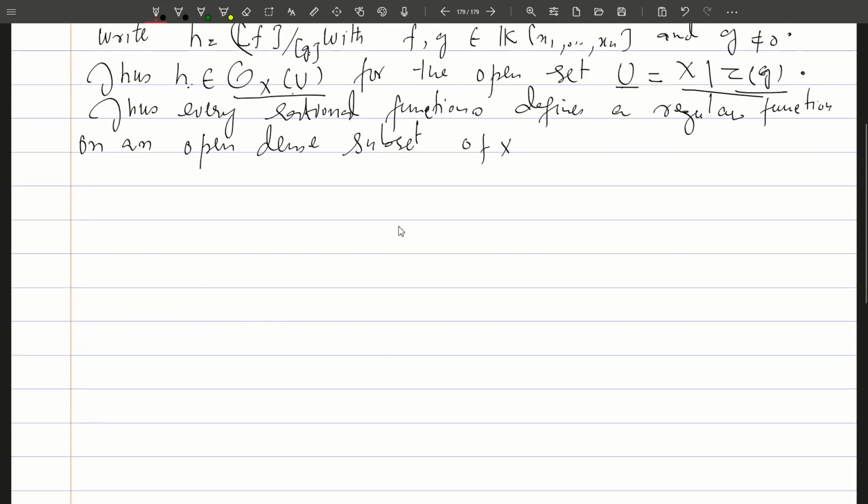Now we want to identify this set with the set of functions from U to k. So for that we set up a notation.